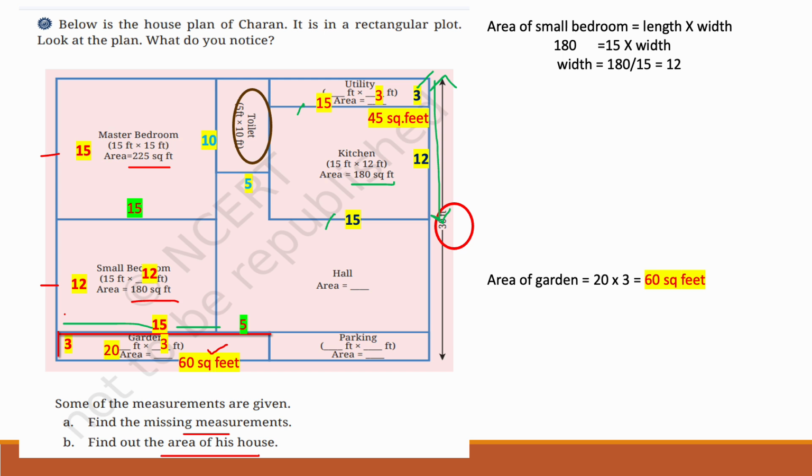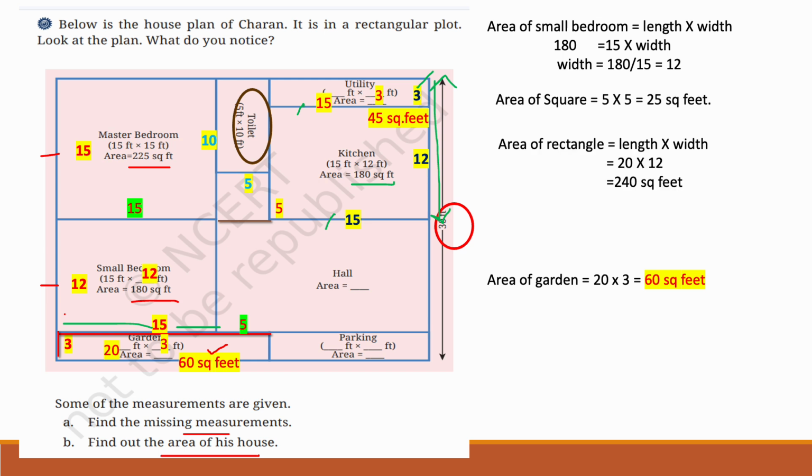Next, we have to find the area of hall. We can divide this hall into two regions like this. A 5 by 5 square, and then the another region. So, area of square is 5 into 5, 25 square feet. Then, area of rectangle is length into width, here it is 20 into 12.